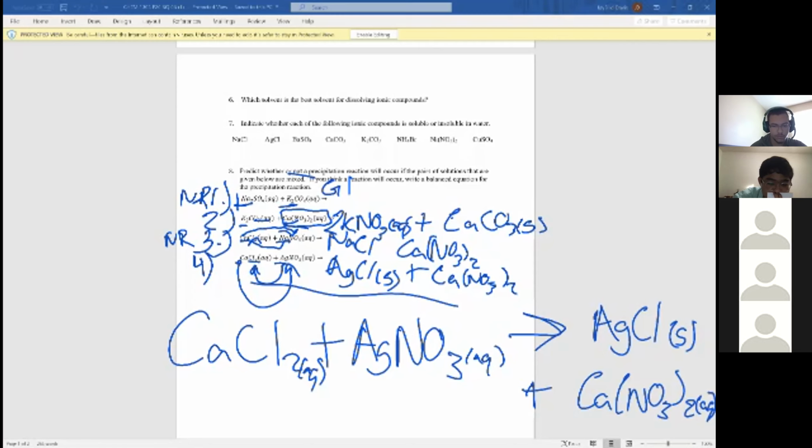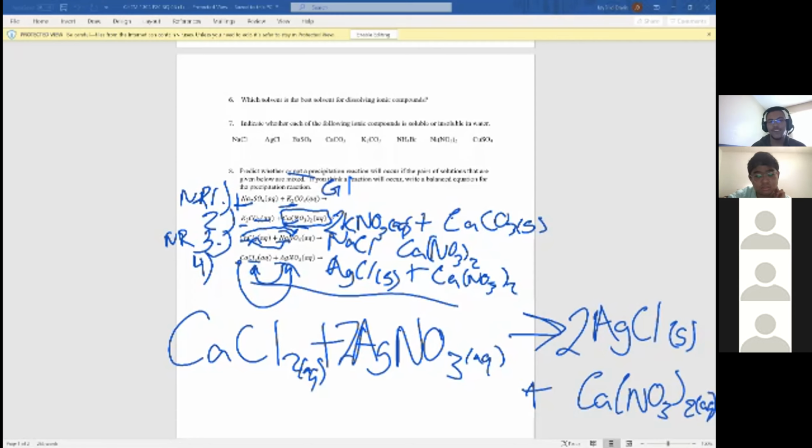Okay. I mean, you have 2 silvers. Yeah. Oh, and the 2 right here? Yeah. All right, is it balanced? Are we good? Wait, a 2 where? In front of the silver nitrate and where else? And I'm guessing there's another 2 in front of calcium chloride.